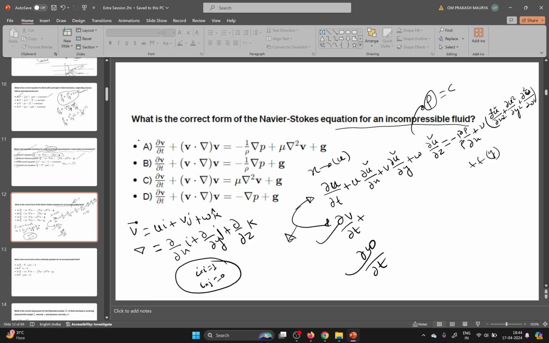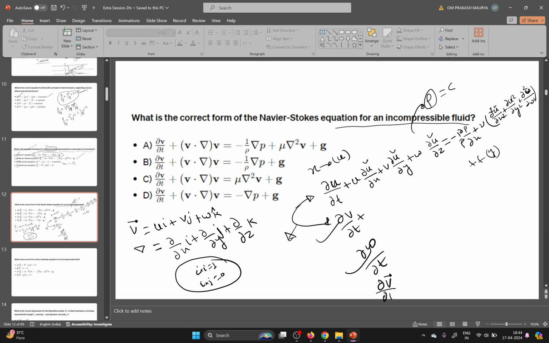So remember, these three things u, v and w, if we write them as del v vector divided by del t, it will be fine for the three directions, plus these things u, v, w.